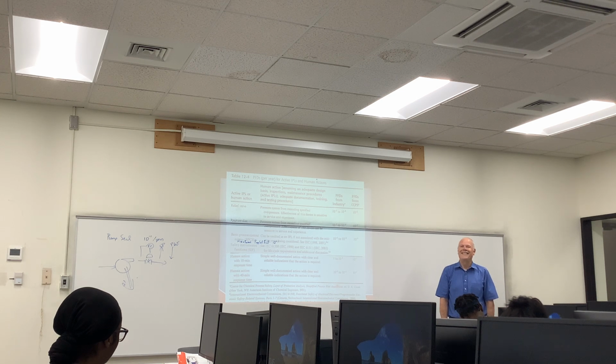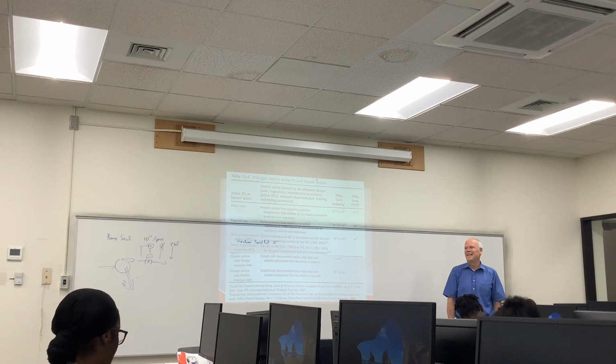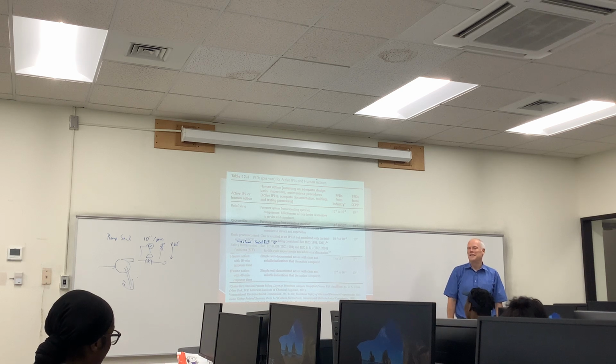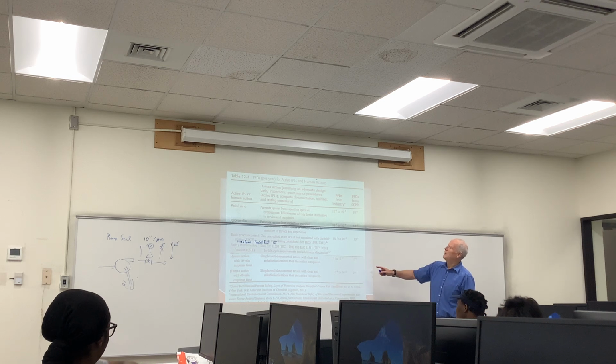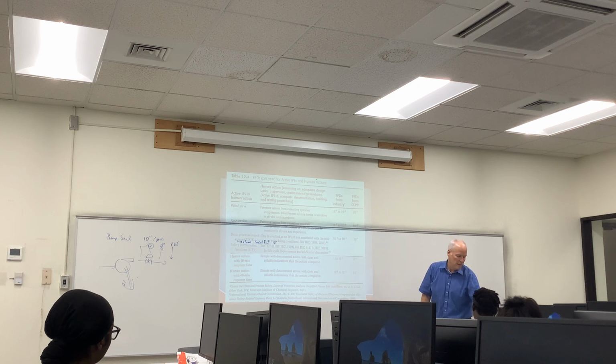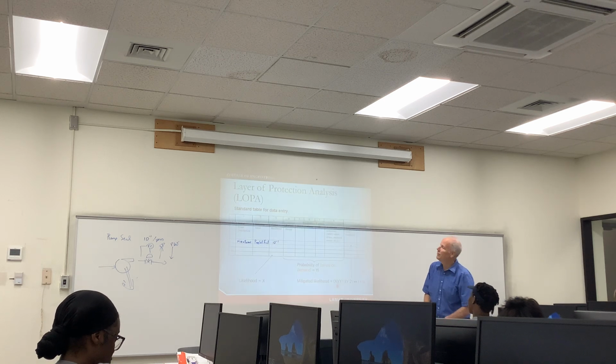Yeah, we did. Where were those alarms at? Can you see anywhere on here where the alarms might be? Yeah, on the flow control. They're on the basic process control system. That's where they're at. And so 10 to the minus 1, because we have an alarm.